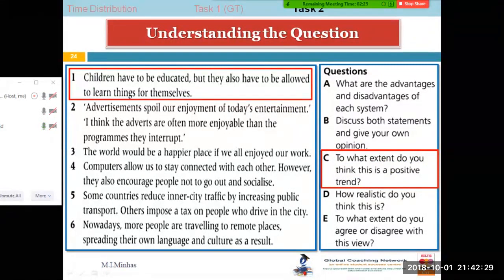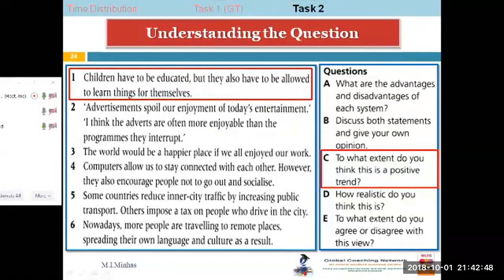Whenever there's a discussion about a trend, there will be a difference in scenario. There will be a comparison of past and present.